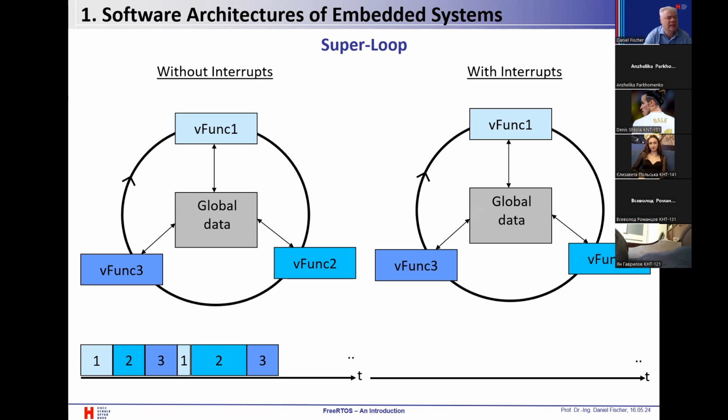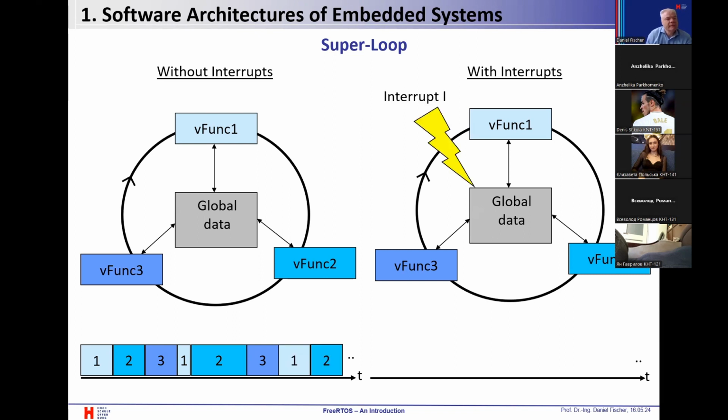Function 2 lasts a little bit longer. That depends maybe on some global variable. Sometimes a button is pressed and function 2 has to do more work, and with no button pressed, function 1 has to do nearly nothing. And that happens in this super loop without interrupts.